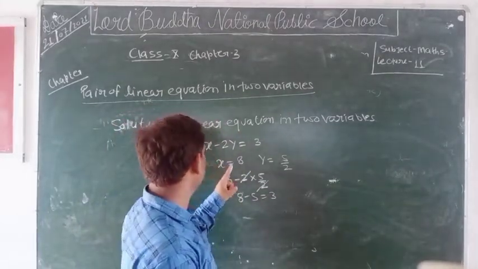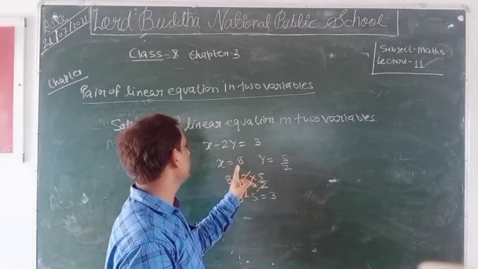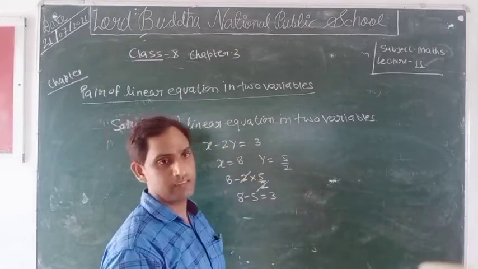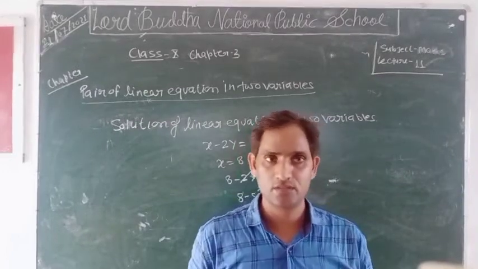In that condition, 8 and 5 by 2 is the solution of this linear equation in two variables.